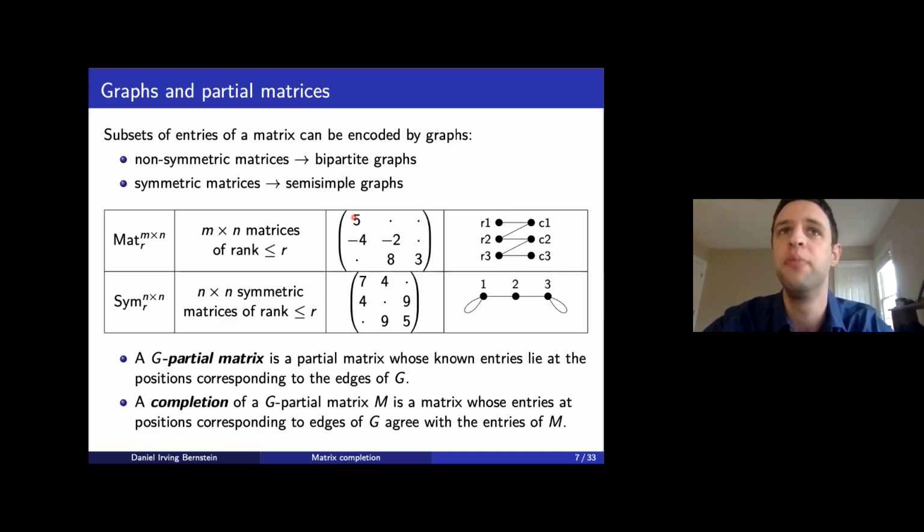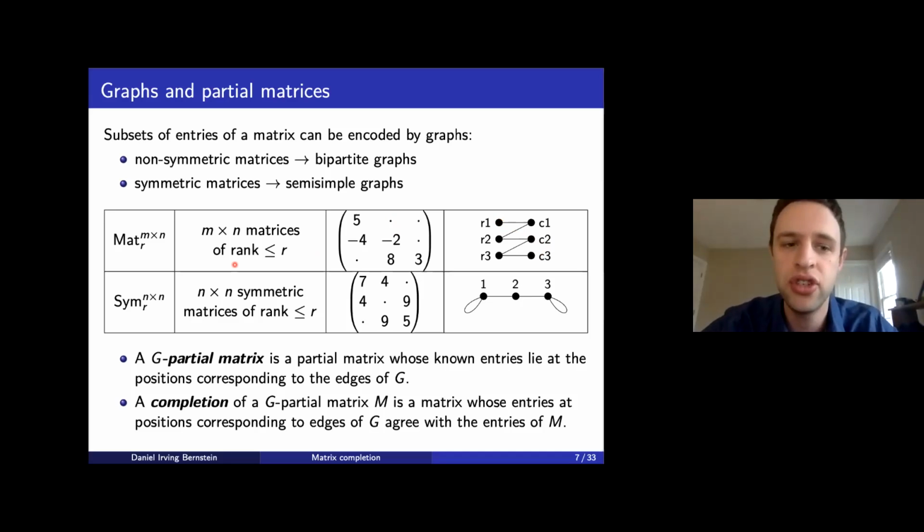If you observe the entry at a particular row and column, you just connect those vertices. Here's a partial matrix. It doesn't matter what the numbers are. I've observed these entries and not the dot entries. The fact that I've observed the 1,1 entry means I have an edge connecting the row 1 vertex to the column 1 vertex. I don't have the 1,2 entry, which means I'm not connecting the row 1 vertex to the column 2 vertex.